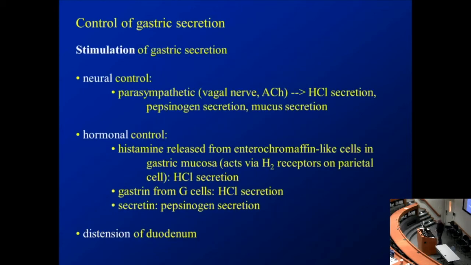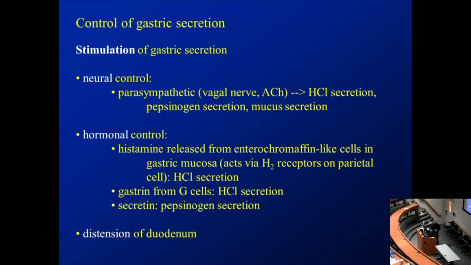Control of gastric secretion, stimulation, so neuronal control. We have parasympathetic innervation that leads to hydrochloric acid secretion, but also pepsinogen, so the proton component, and mucus. Hormonal: histamine is a strong secretagogue for parietal cells, for acid secretion. It's released from these enterochromaffin-like cells that are found in the gastric mucosa.